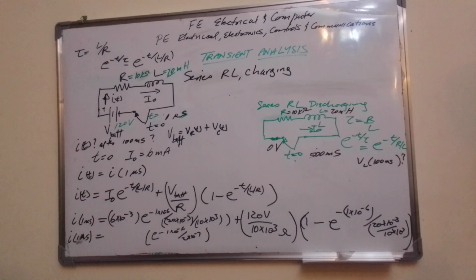So this comes out to, basically that cancels, that comes to 1 times 10 to the minus 1 over 2, 10 to the minus 1. 10 to the minus 1 is 0.1, so 0.1 divided by 2 is 0.05.